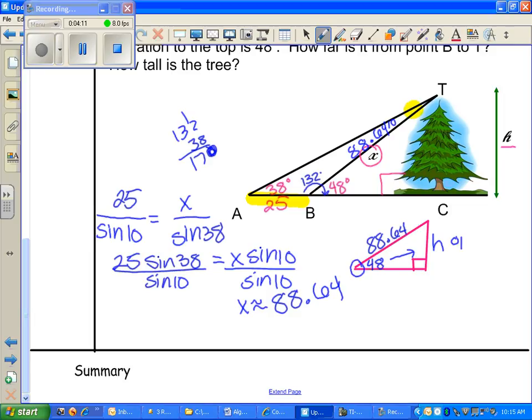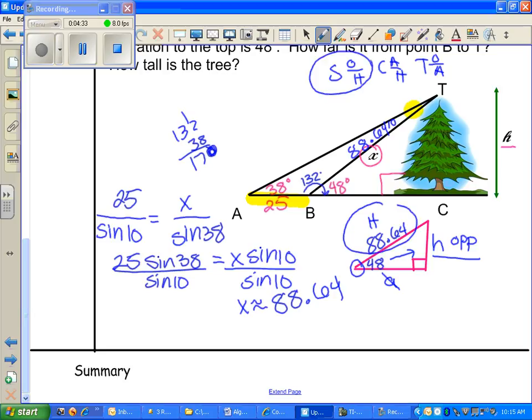H is the opposite side. This is the hypotenuse over here. The adjacent would be here, and I'm not going to use the adjacent. And if you remember our SOHCAHTOA stuff, I want the opposite, and I have the hypotenuse. So that's O and H, which means I need to use sine. So the sine of 48 equals opposite over the hypotenuse, which is 88.64.